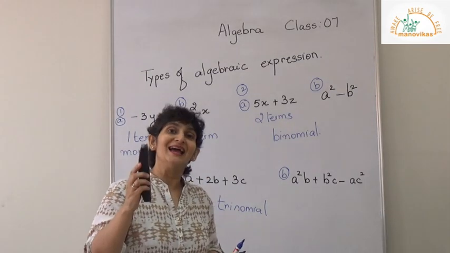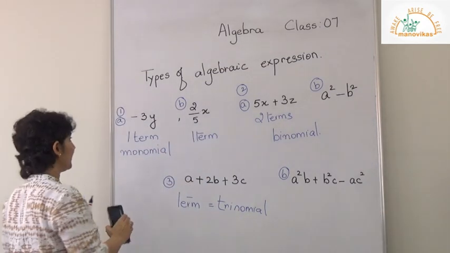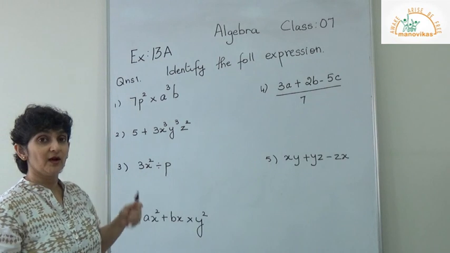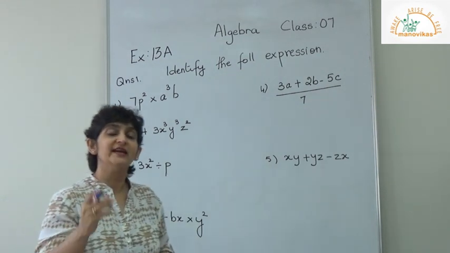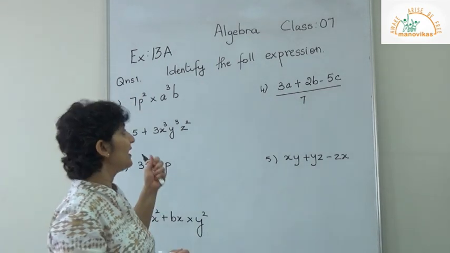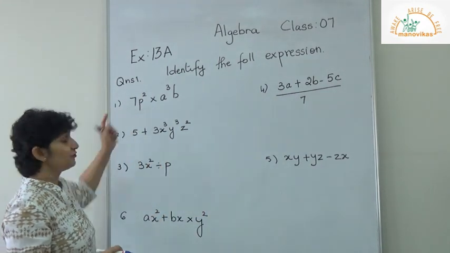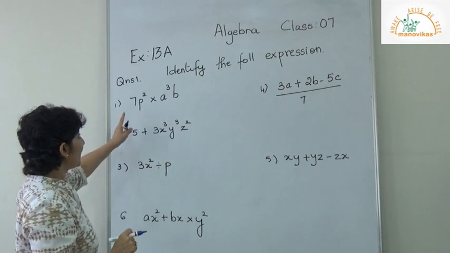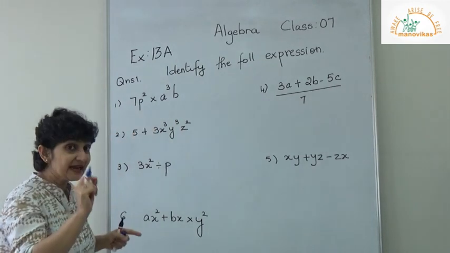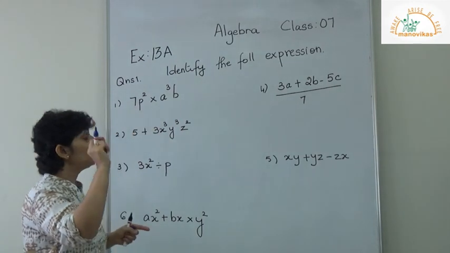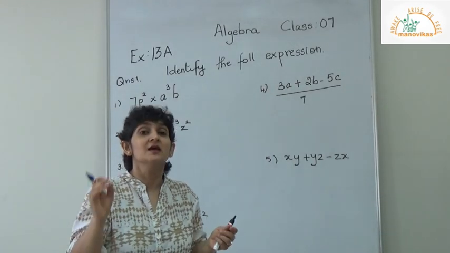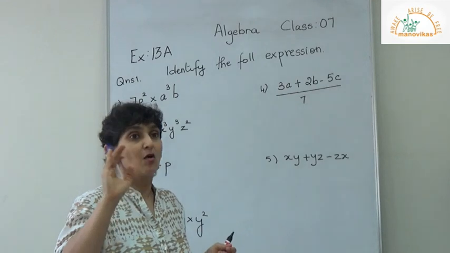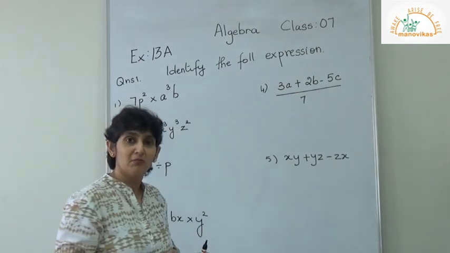Let's move on to your exercise now, 13a. Now children, question 1 from your exercise 13a. Identify the following expression or algebraic expression. Let's take the first sum. I have 7b squared into a cube b. Children, when you're dividing your terms, we only see plus or minus and not multiply.